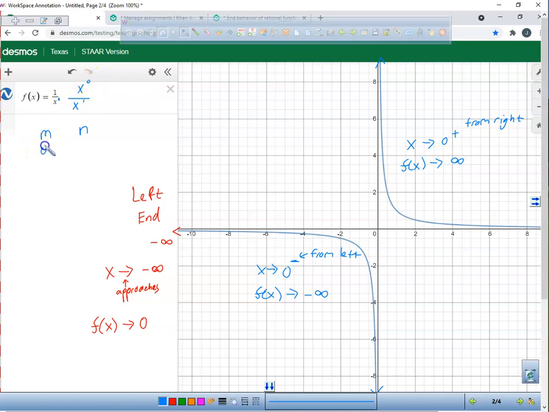So m is 0, n is 1, 0 is less than 1. So in our very first problem, the power was less in the numerator than in the denominator, and that's why it was 0 and 0 for our f of x. 1 over x is the same as saying 1 times x to the power of 0 over x to the power of 1. These mean the same, and these are the powers.